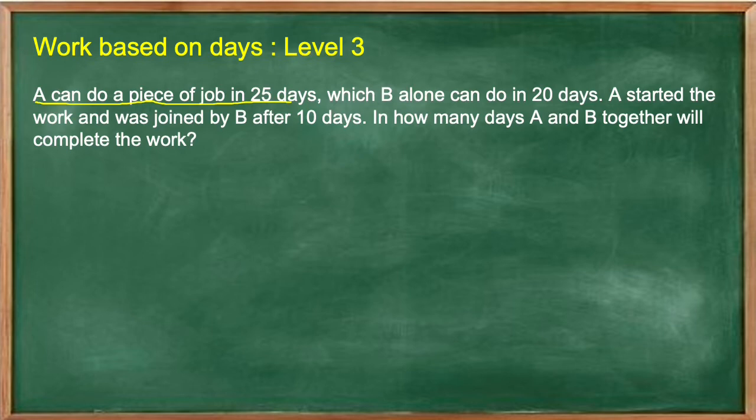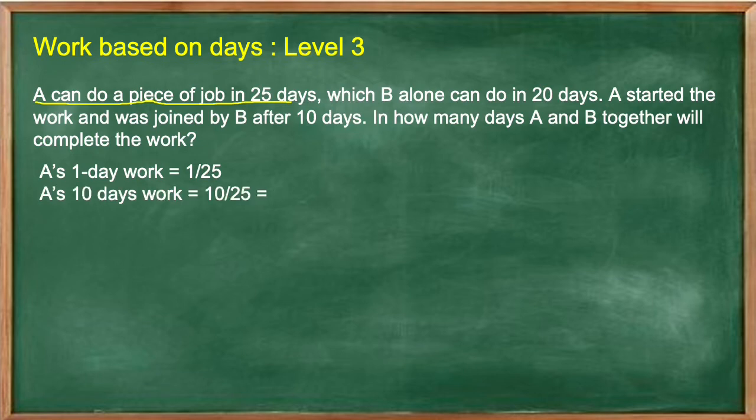Then, according to the flip rule, his one-day work will be 1 by 25. If his one-day work is 1 by 25, his 10 days work will be 10 by 25, which is equal to 2 by 5. This 2 by 5 part of the work has been done by A in 10 days.